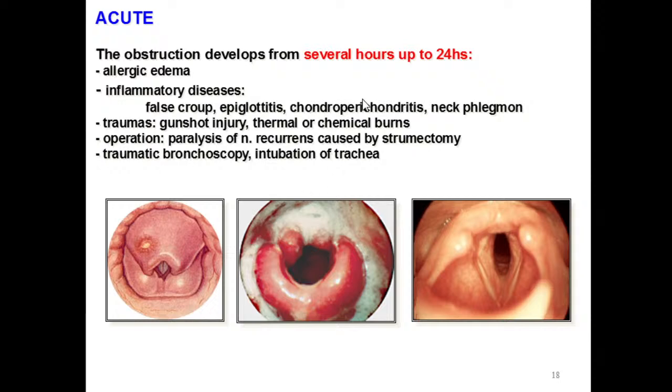Or if they are not damaged during the operation, if the patient has abundant formation of scar tissue after the operation, these nerves may be involved inside this scar tissue, and it may also lead to bad function of this nerve.